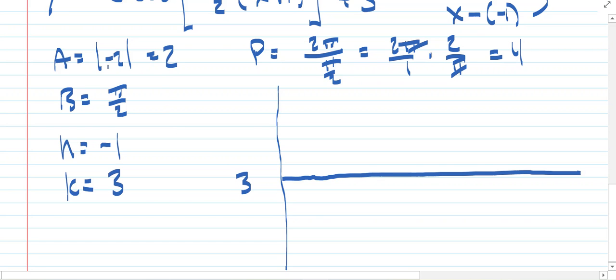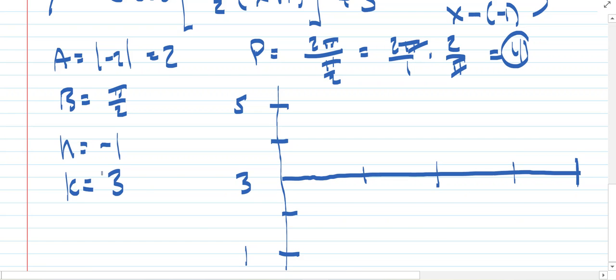The amplitude is 2, so we're going to be going up 1, 2, so that's going to be 4, 5. And we're going down 2, so that's going to be 2, 1. And the period is 4, so that's going to be over here. Half of that would be 2, 1, and 3.